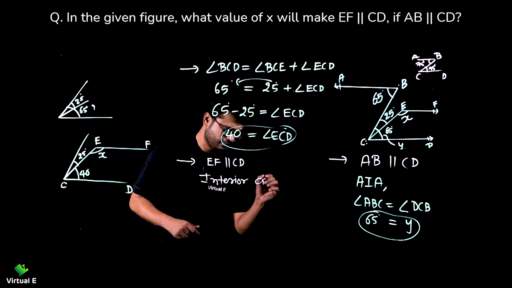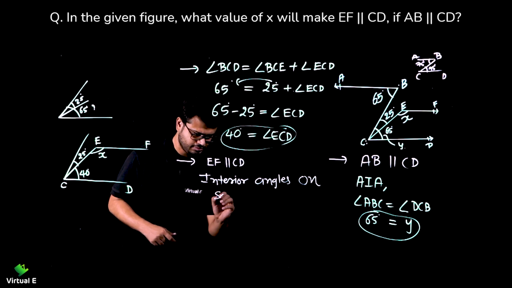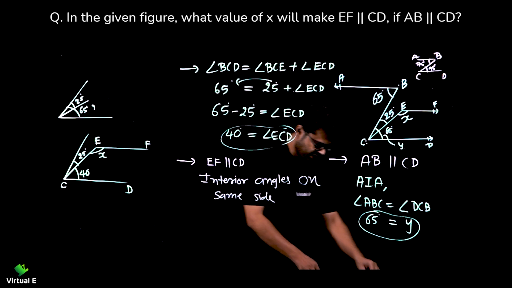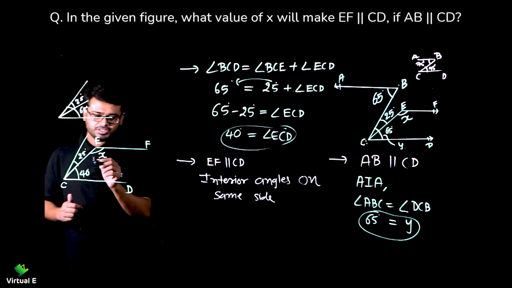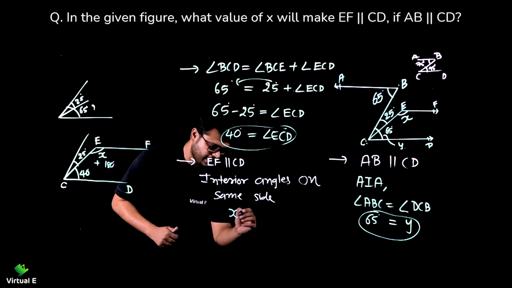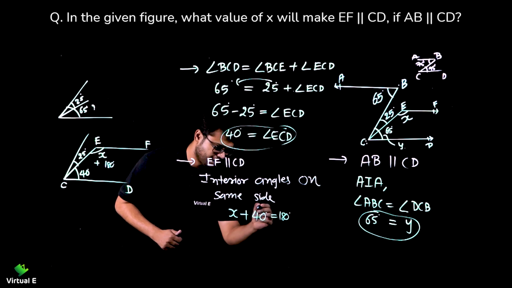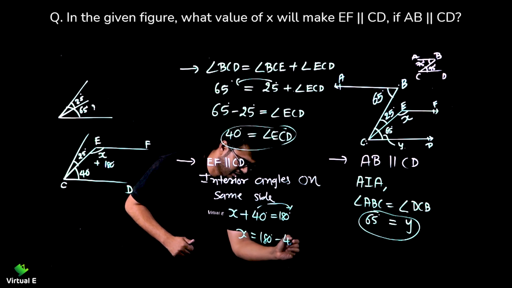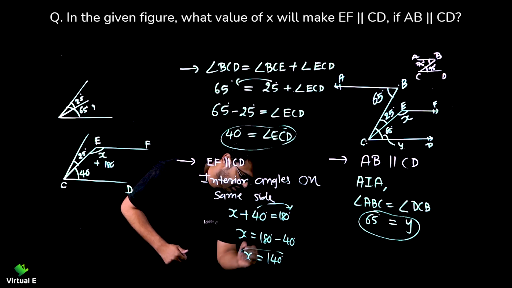Interior angles on the same side add up to 180 degrees. So let's write X plus 40 degrees is equal to 180 degrees. Let's shift over that side. So X is equal to 180 degrees minus 40. So the value of X is 140 degrees.